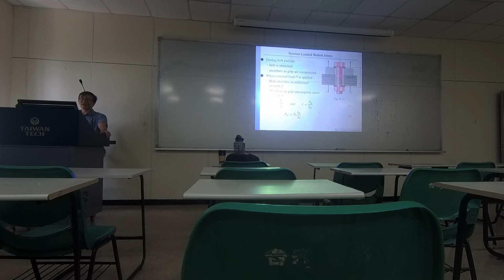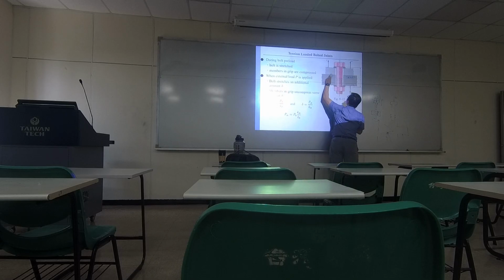Okay? And you can do the same thing for the whole part. Okay? And let's see, else for members in grip being compressed. Okay, so now you are starting like this.